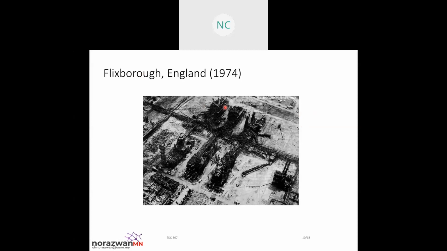So what type of chemical was involved in the incident? Anyone forgot? Cyclohexane. The cyclohexane vapor cloud was the main cause of this disaster. Around 50 tons of cyclohexane were involved in the explosion.